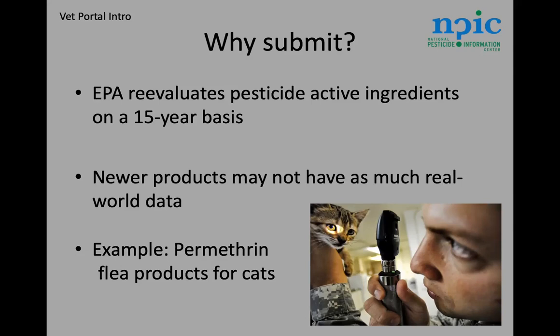Because we had this flood of information, we were able to send our data to EPA to show them that. At the time, the vet portal wasn't in existence. It couldn't be used. But what's nice about having it online now is that if a vet is seeing repeat symptoms or problems, depending on whatever the product is, you're able to submit that report anytime, night or day. And those reports can go to EPA directly as they are sent.